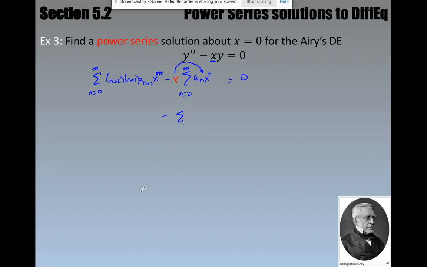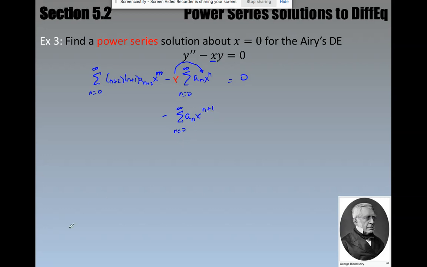So when I do that, what do I get? I move that in here, it's times x, which means I really have x to the n plus 1. What do I have to do now? I have to get that to x, so I have to get this to x to the n.